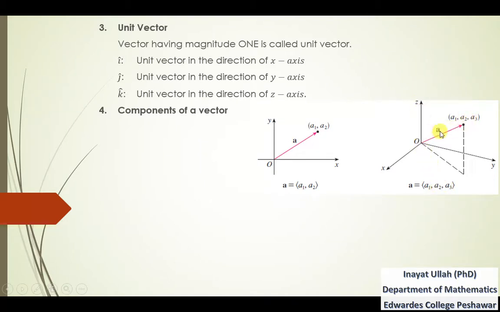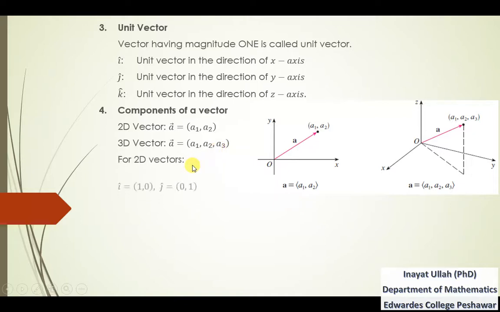So this 3D vector a is represented in ordered triple notation, and a 2D vector is represented in ordered pair notation. A 2D vector has two components, a1, a2, and a 3D vector has three components, a1, a2, and a3.